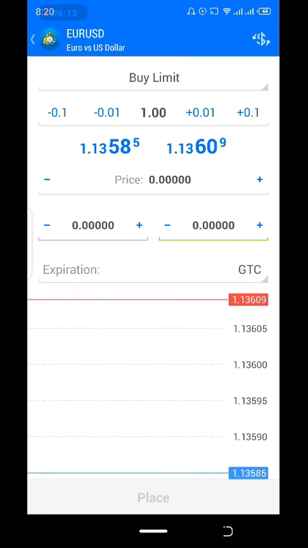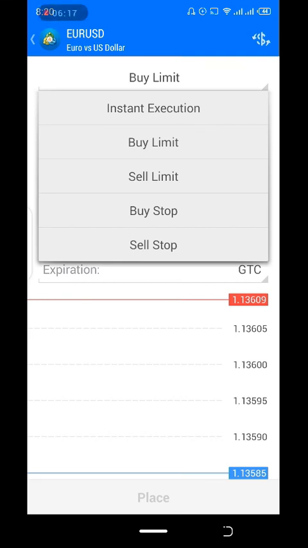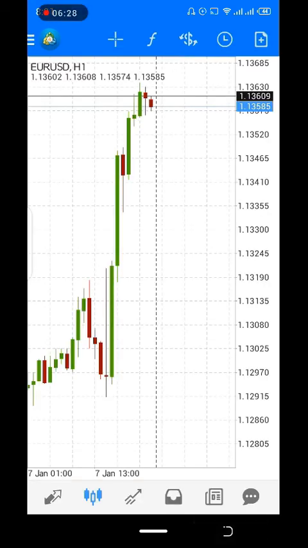Now, for example, you predict the market is going to rise when it reaches a certain level. When it reaches that level, that's when you use your buy limit. So the market is falling, and when it gets to that level, it's gonna pick your order and then it's gonna rise.